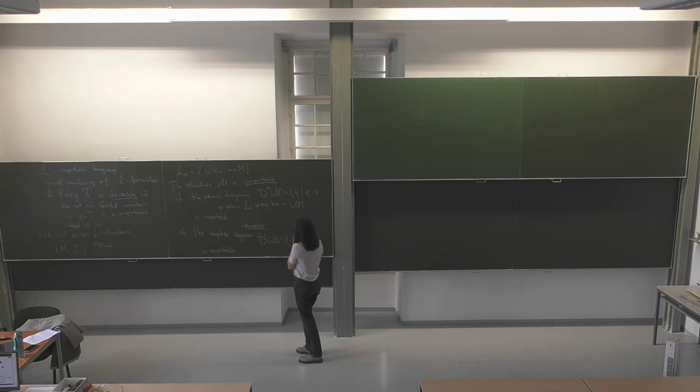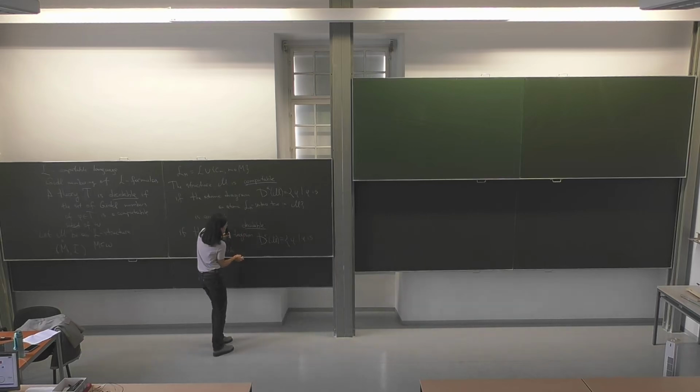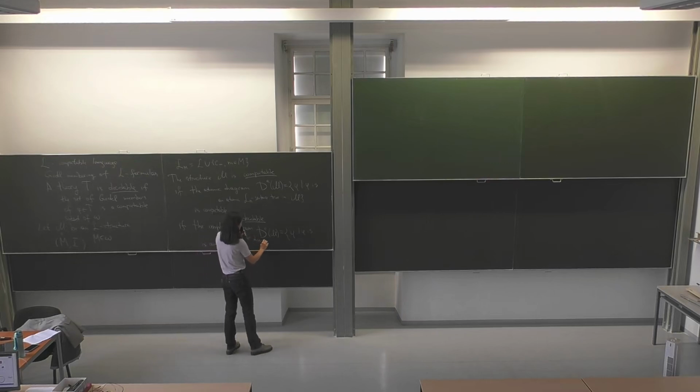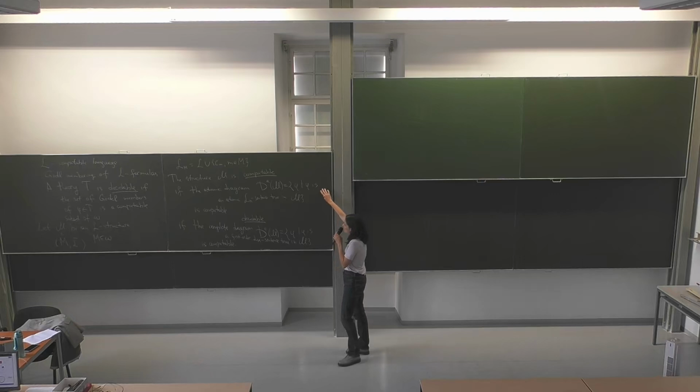And the complete diagram is the set of all sentences, not necessarily atomic, with any number of quantifiers, first order LM sentence true in M. So what does it mean?